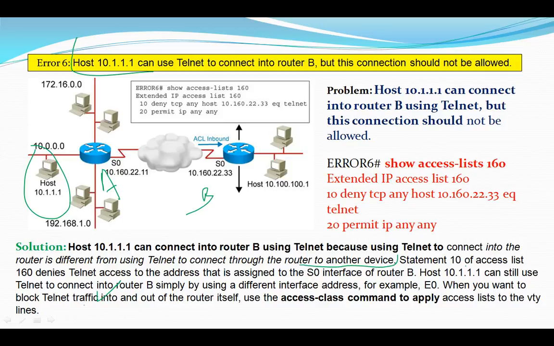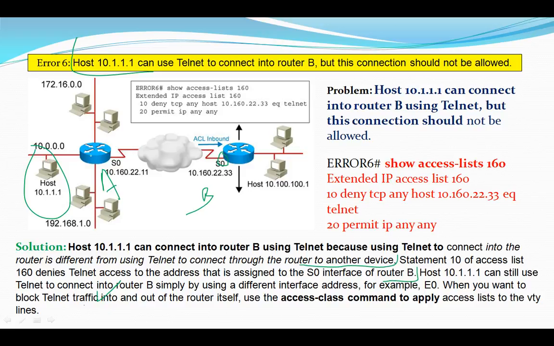And statement 10 of access list 160 denies telnet access to the address that is assigned to the serial interface of router B. Host 10.1.1.1 can still use telnet to connect to router B simply by using a different interface address, for example Ethernet 0.